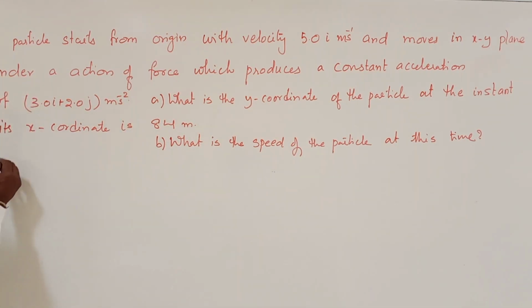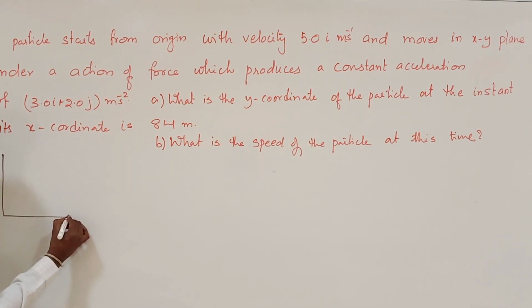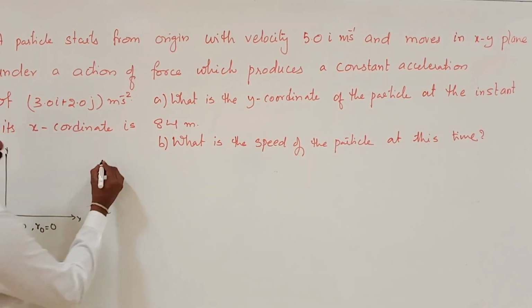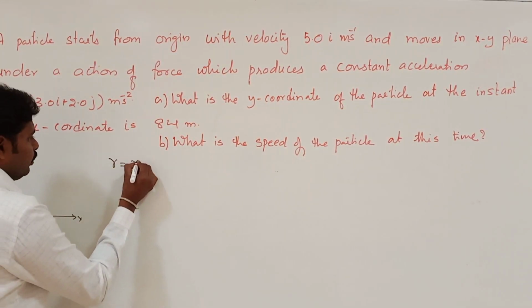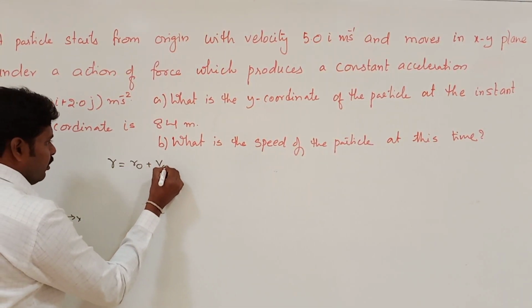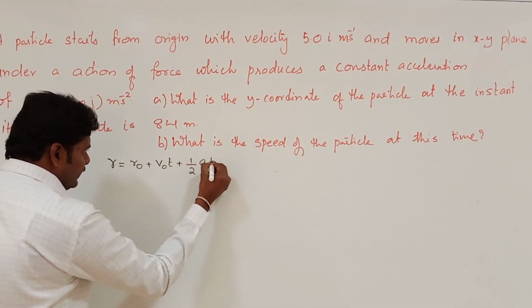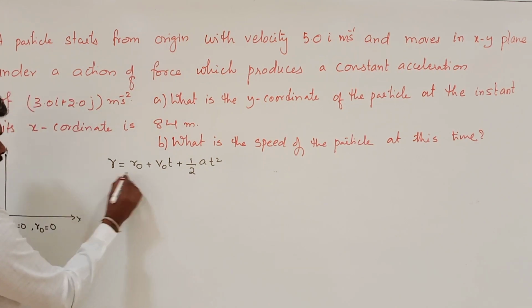Now see, this is the x-axis and y-axis. This is the origin. At time t is equal to 0, it starts from the origin, means r naught is also equal to 0. Now, what is our formula? R is equal to R naught plus V naught T plus half A T square.